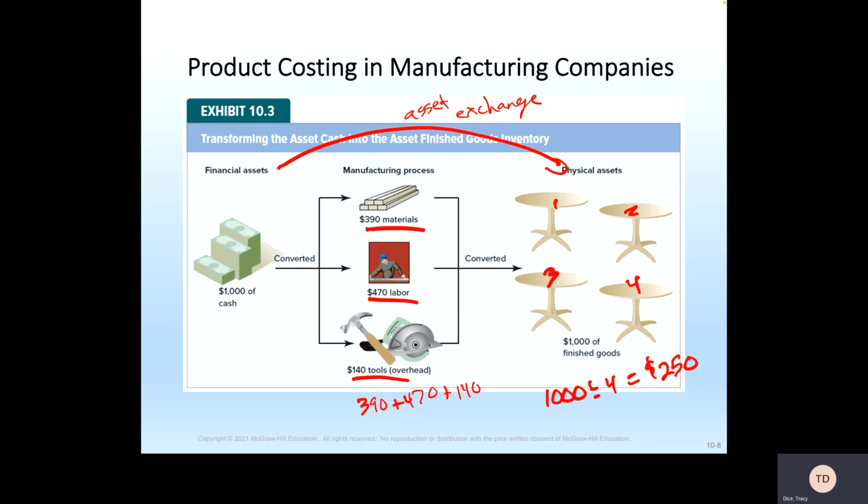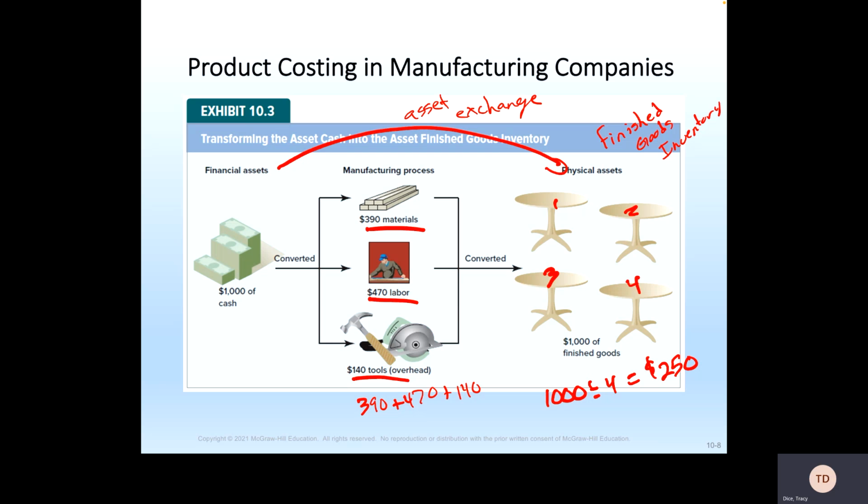When these become physical assets, they go into your finished goods inventory. So the finished goods inventory asset account is where this $1,000 will be until we sell the tables.